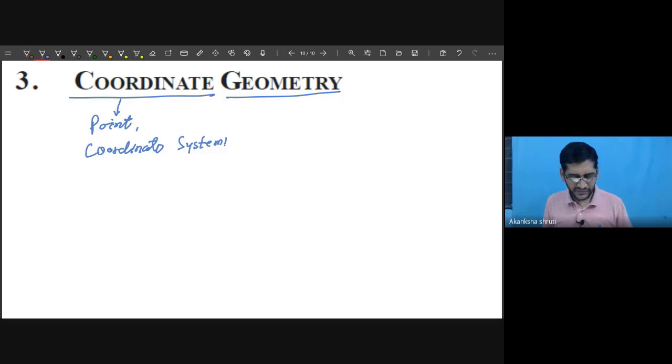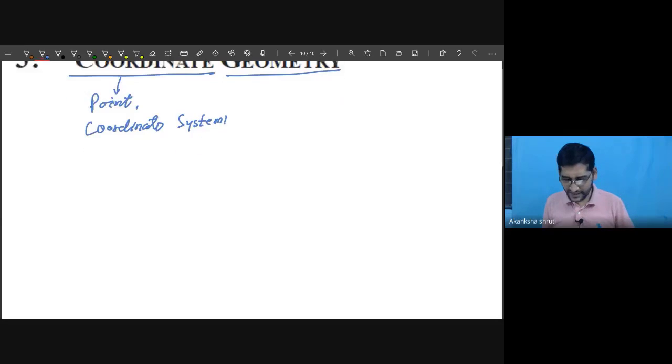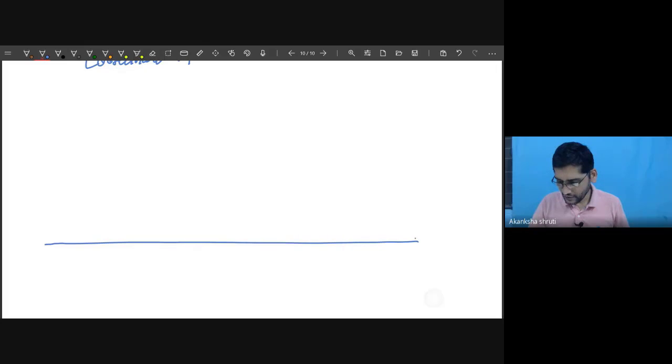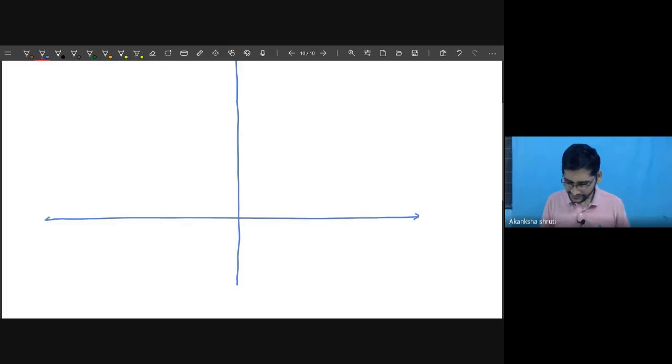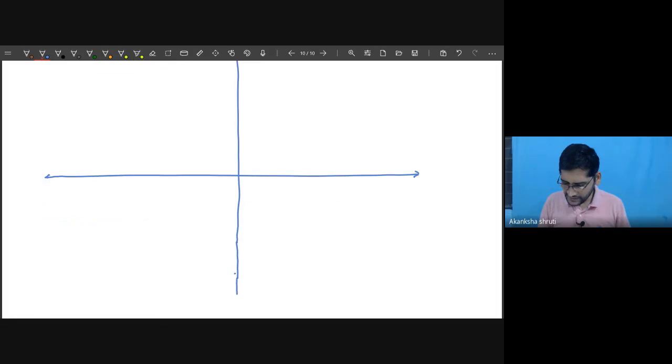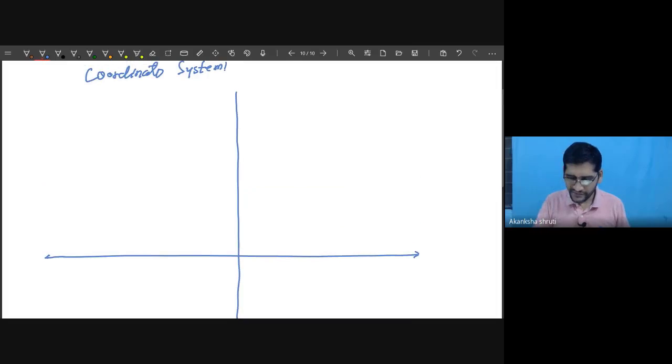Students, this coordinate system has two mutually perpendicular lines, one taken as horizontal, another as vertical. Mutually perpendicular means the angle between them is 90 degrees.